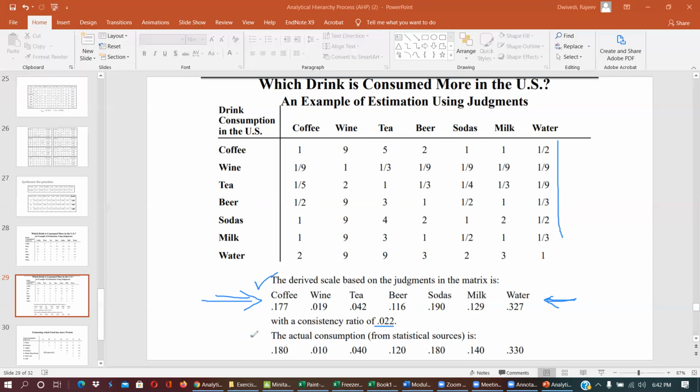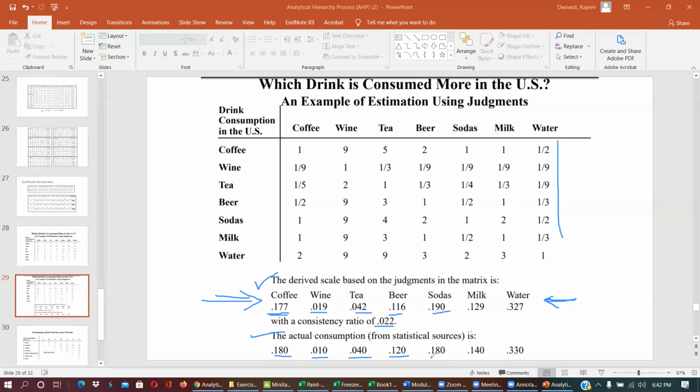Now actually based on a US government statistical source, what is the actual consumption in the United States? Coffee is 18%, and we are coming very close to the judgment. Wine is 2%, here wine is 1%. Tea is 4.2%, here tea is 4%. Beer is 11.6%, beer is 12%.